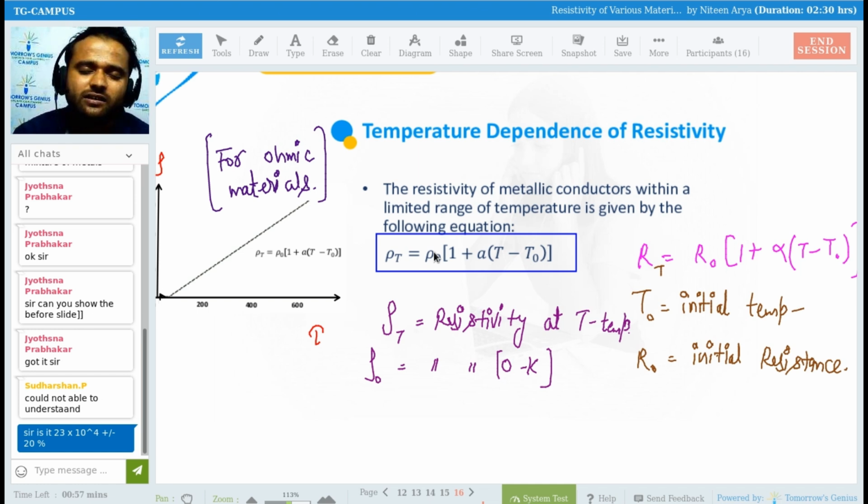So Vrms, or kinetic energy, in general is related to temperature. From this combination, we get a linear dependence of resistivity, rho of T equals rho naught times 1 plus alpha T. What is the meaning of saying that?